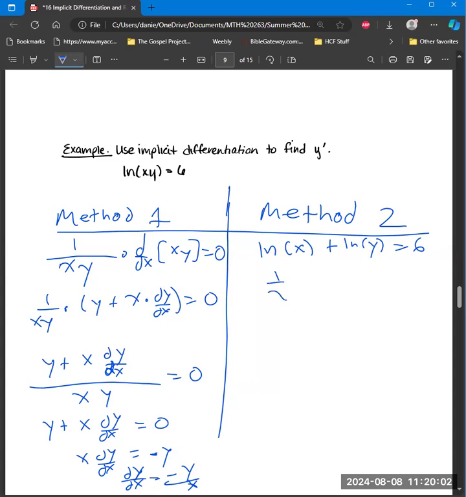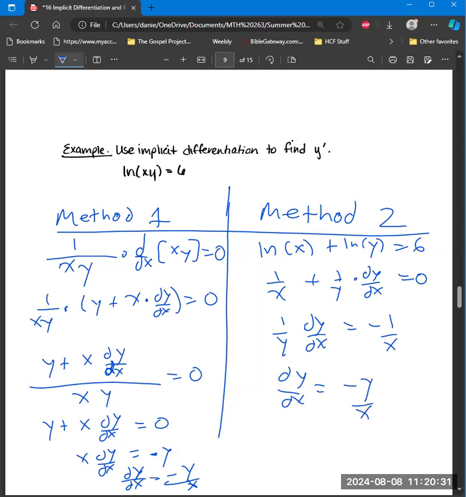And this is 1 over x plus 1 over y dy/dx equals 0. So 1 over y times dy/dx equals negative 1 over x, and dy/dx is equal to negative y over x, like that.